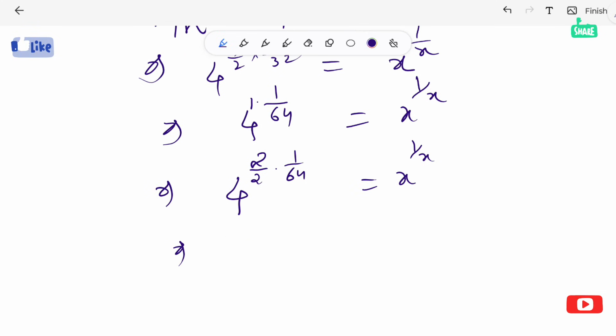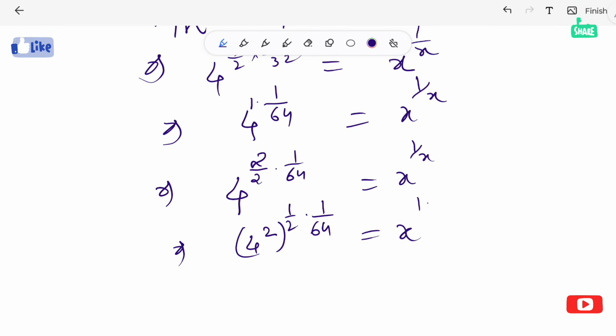Now this 4 to the power 2 by 2 can be written as 4 to the power 2, which is having 1 by 2 as power. When these two powers are multiplied with each other, it will become 2 by 2.